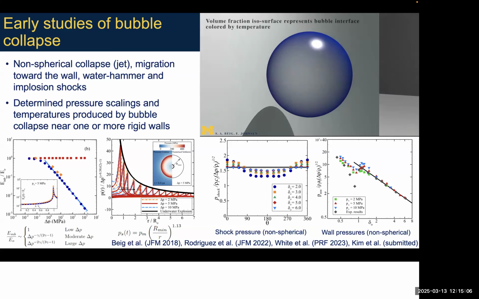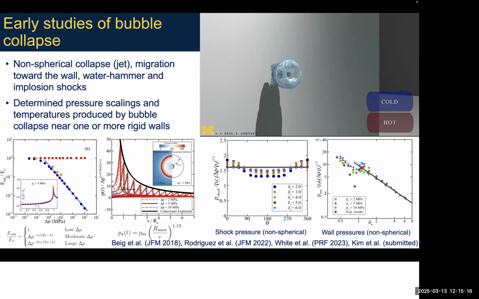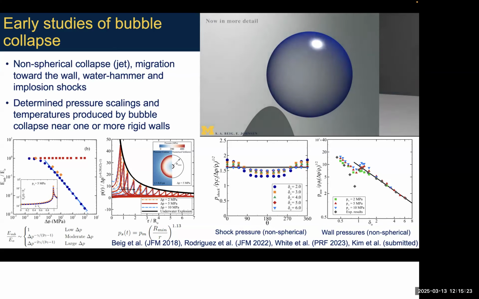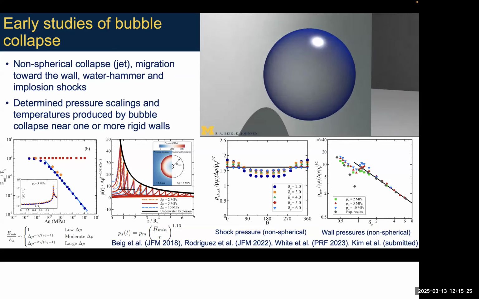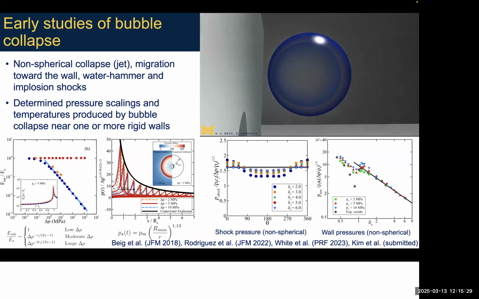We've used these highly resolved simulations to understand basic bubble dynamics. In the case of spherical bubble dynamics, let's say you have a bubble of a certain size, and you want to predict shockwaves produced some distance away from that bubble. We want to account for the appropriate effects, and balance the energy to develop a model for the pressure at some distance away from the bubble.